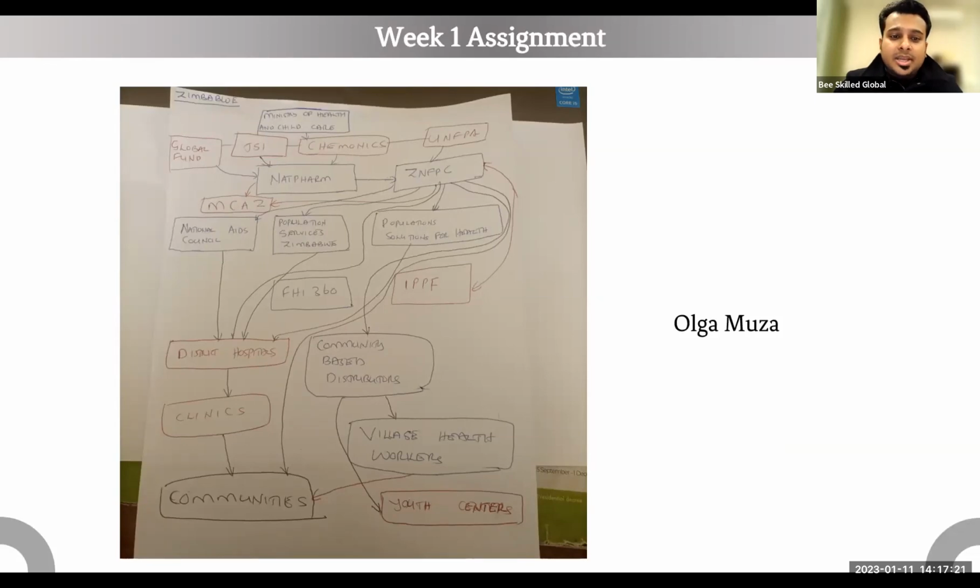And then sometimes there is a parallel supply chain as well, because the National AIDS Council is sending products to a different type of clinics, while there are also some youth centers or other dispensaries or health clinics who are receiving other types of products. So it may be slightly complicated in the public sector.